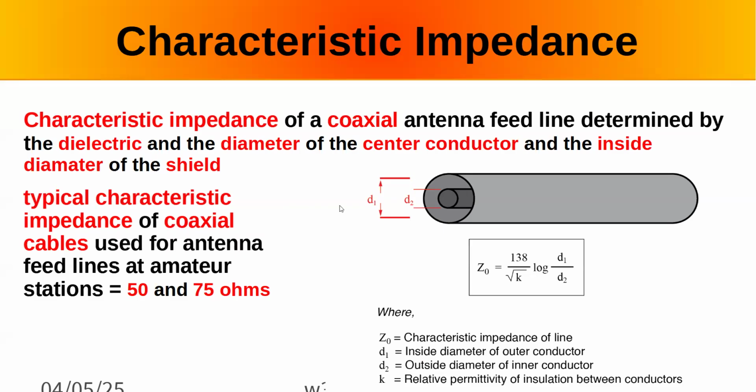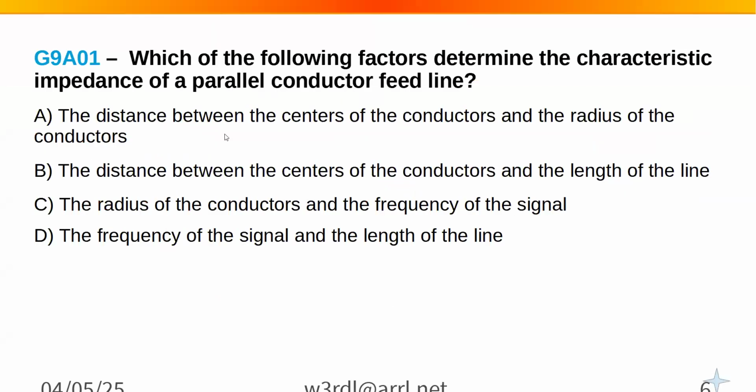So it was another compromise to come up with 50, because 75 was cheaper and they used it for TV. So 50 turns out to be the mean of the squares of the two. So if you take 35 and 75 and you figure out the median of it, it's around 50. So that's how we got stuck with 50.